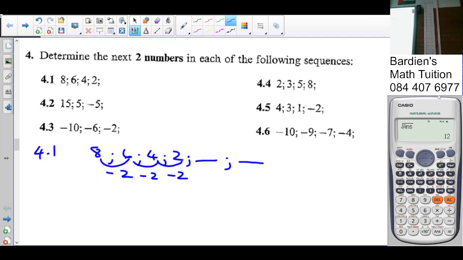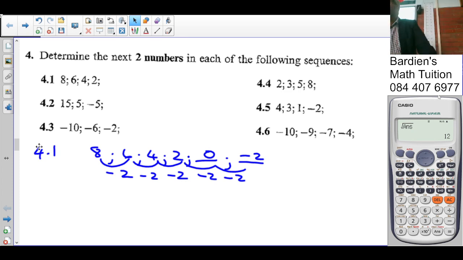So would I now minus 4 here? I was minus 6, not so? No, you carry on minusing 2. So 2 minus 2 is 0. 0 minus 2 is negative 2. And so on and so on. Then you skip a line. 4.2, and so on. And then you carry on like that.